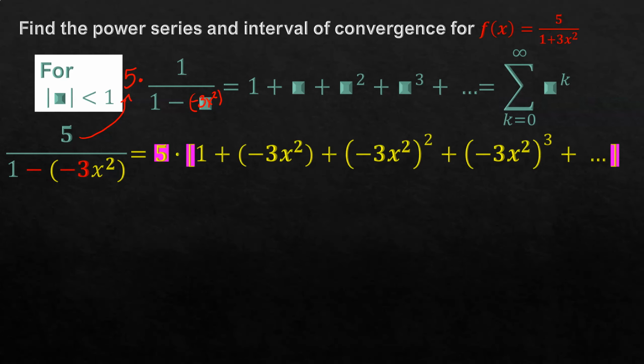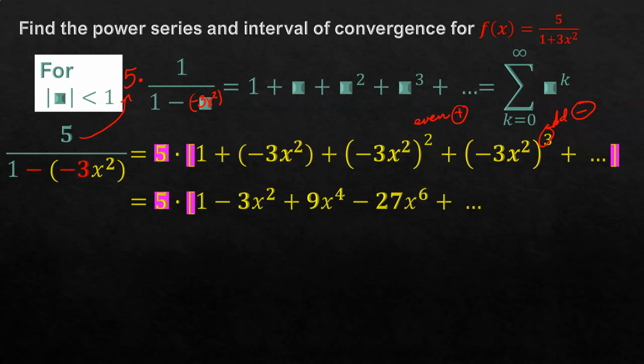So do a little substitution in there, right? And then again, for the negative numbers, an even exponent is going to turn that to a positive, and an odd exponent is going to stay negative. So again, we're going to have that alternating series there.